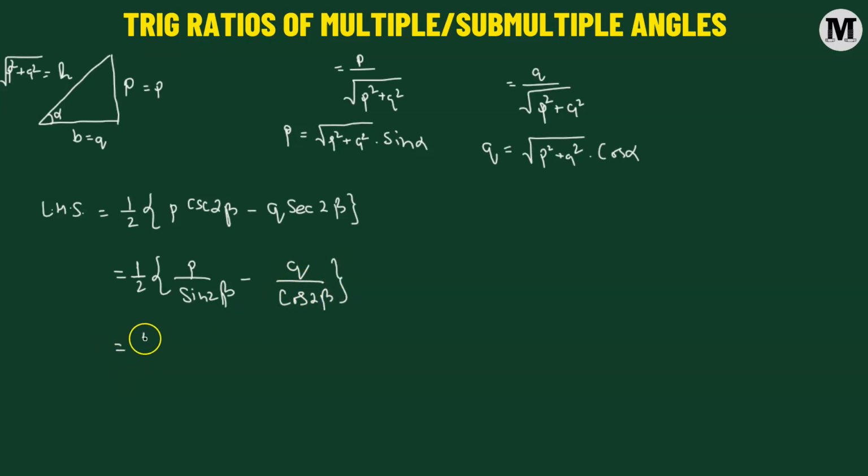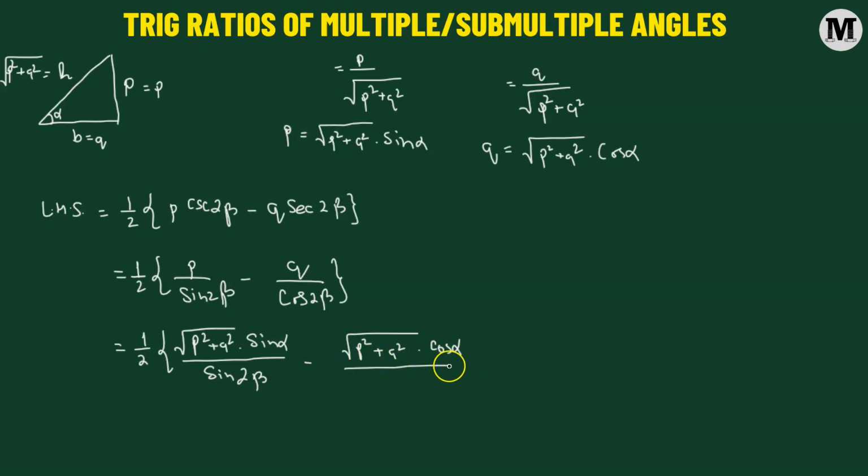Right. So this will be equal to half multiplied by, now we can replace the value of P with square root of P squared plus Q squared multiplied by sine alpha divided by sine 2 beta, minus Q replaced with square root of P squared plus Q squared times cosine alpha, whole divided by cosine of 2 beta.